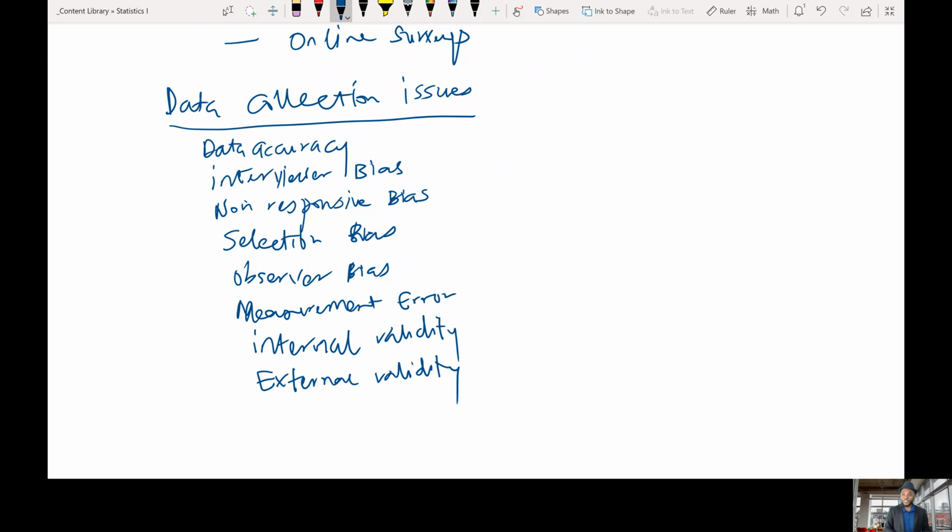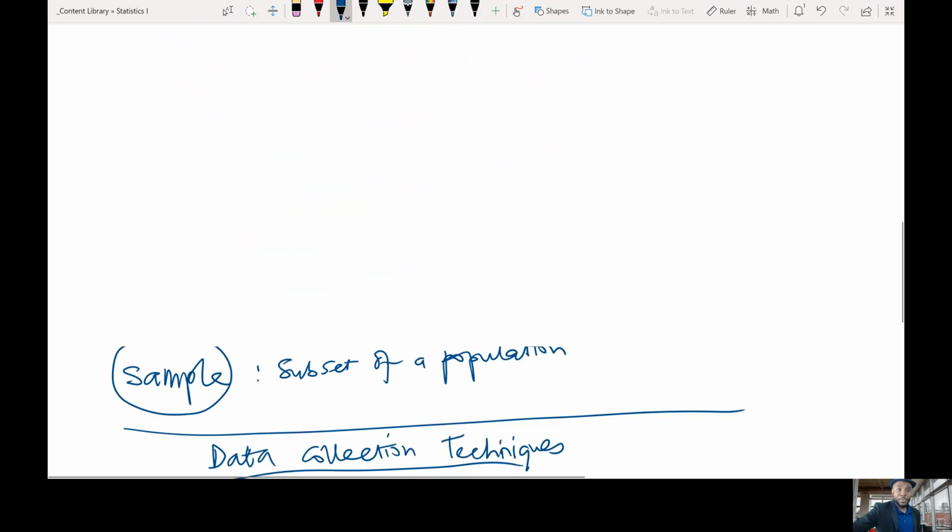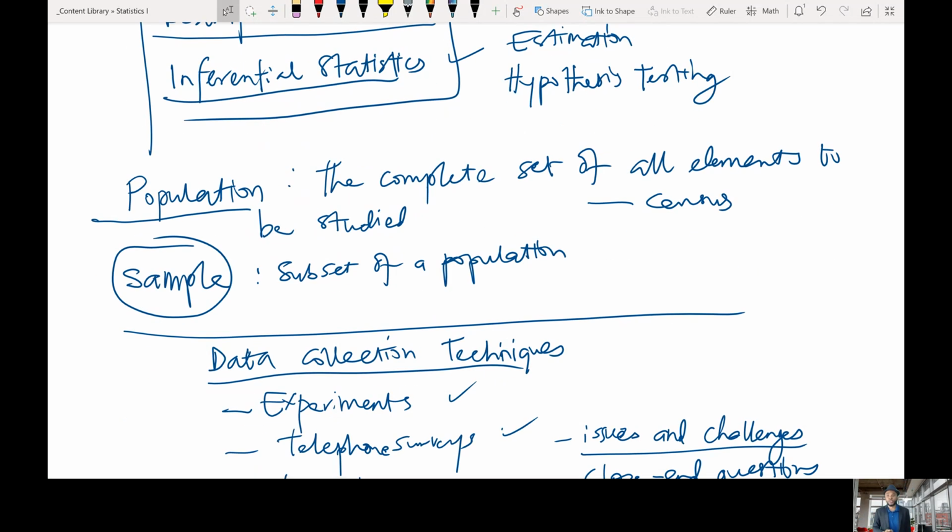Okay, great. So we've talked about a lot of things. We've talked about what the population is. Now you know what the population is. You also know what a sample is. So a sample is a subset of a population. A population is a set of all objects or individuals of interest, or the measurement obtained from all objects or individuals of interest.